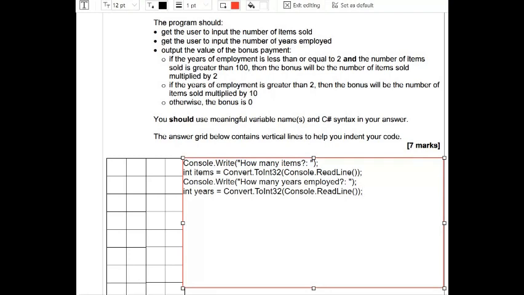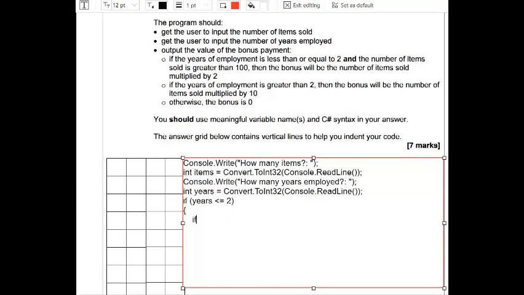So we've got the stuff stored in the 2 variables. So that's fine. So we've got the items sold, years employed. Now we need to decompose how we output the value of the bonus payment. So if years is less than or equal to 2, that's the first bit.